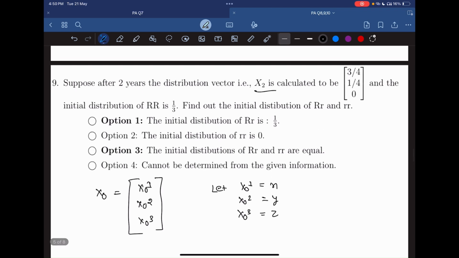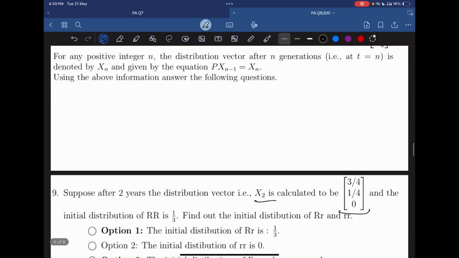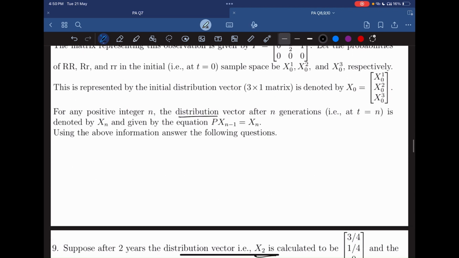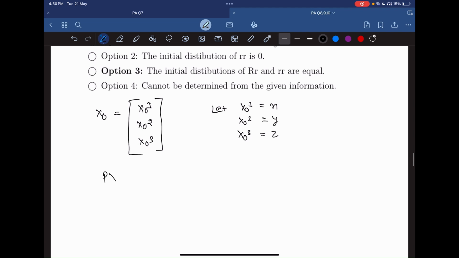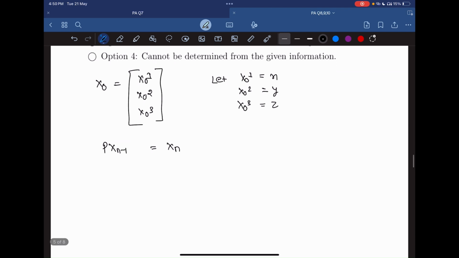Now we have given x2 as this matrix, and we have the relation between the distribution vector and our matrix P, that is given by this equation: P x n minus 1 is equal to x n. Now for n equal to 1, it would be P x naught equal to x1, and for n equal to 2, P x1 equal to x2.